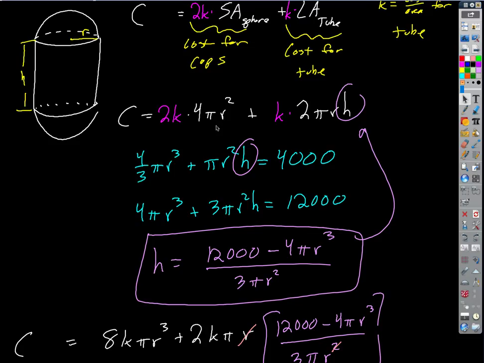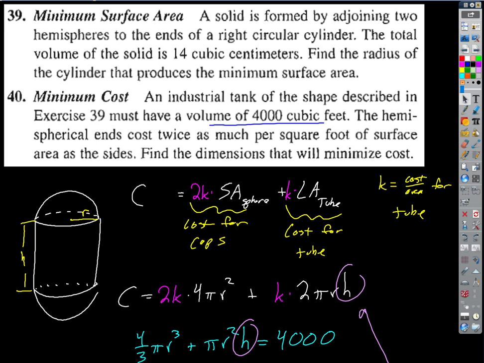If the radius is r of both the hemispheres and the cylinder, and the height of the cylinder is h, then 4 pi r squared is the surface area of the sphere. 2 pi rh is the lateral area of the tube. And so we come up with our primary equation. But the problem is we've got r's and h's, right? And so we need a constraint. Well, the constraint is the volume, right?